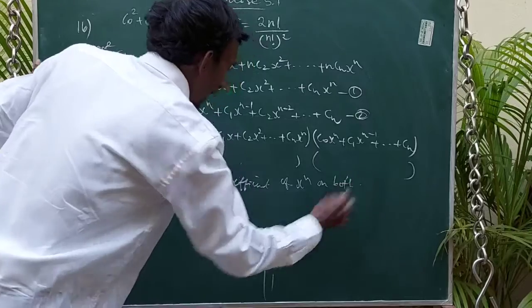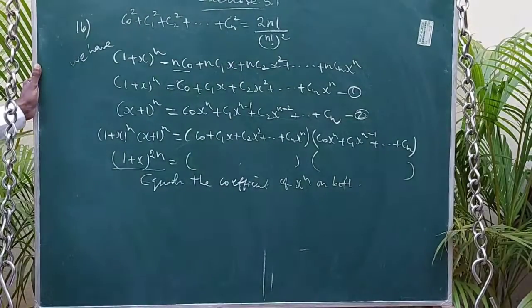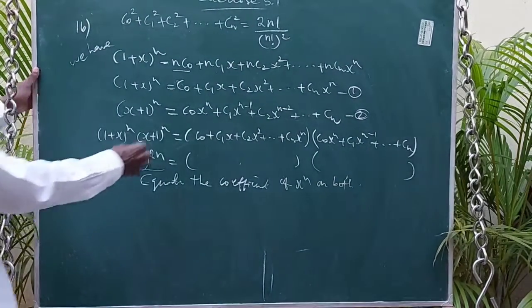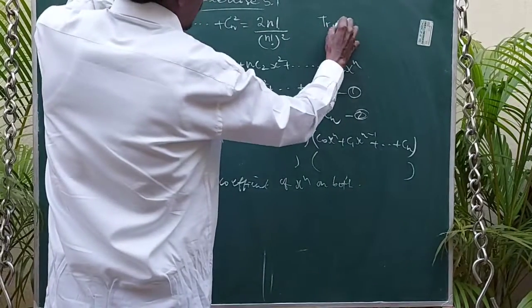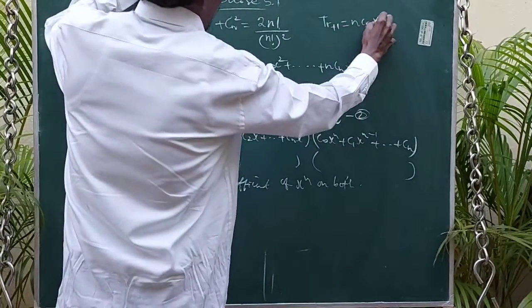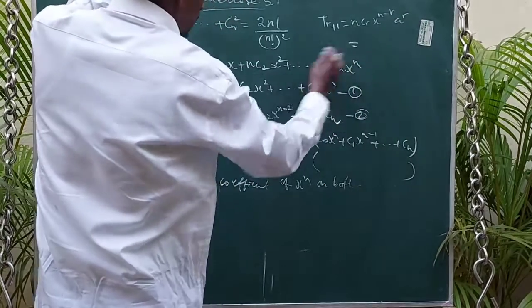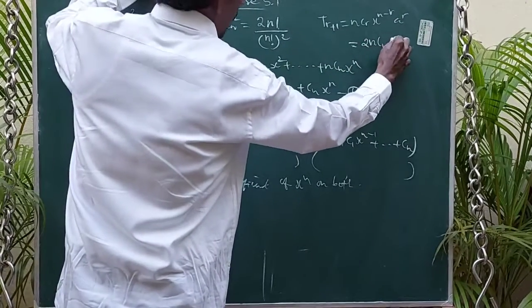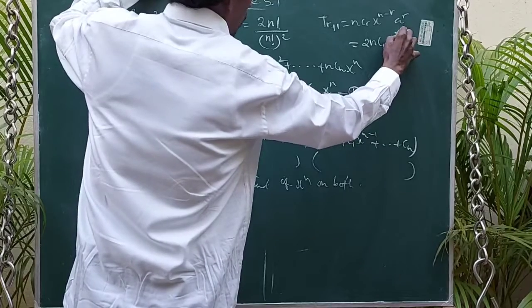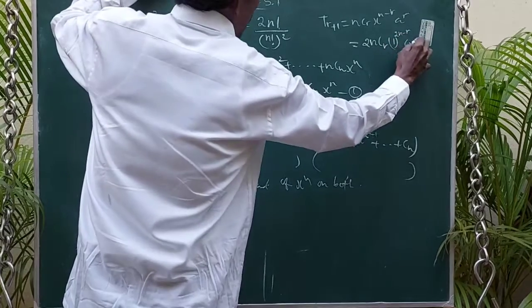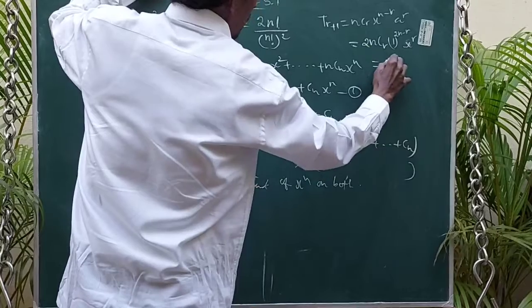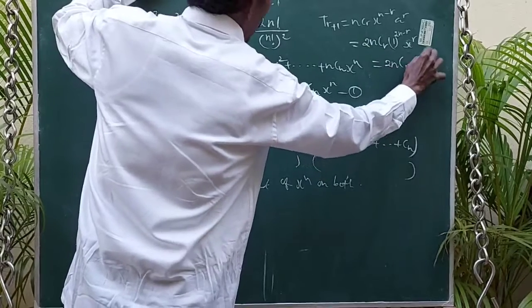Here the coefficient of x power n in the LHS, again we need to recall the general formula, nCr x power n minus r, a power r. So here n is 2n, so 2nCr 1 power 2n minus r into x power r. So it is nothing but 2nCr x power r.